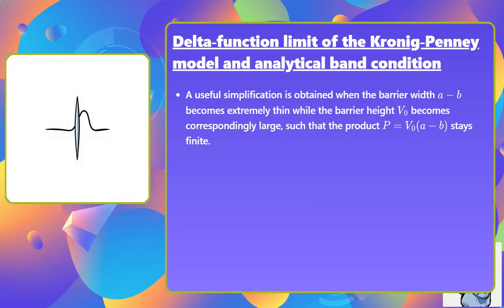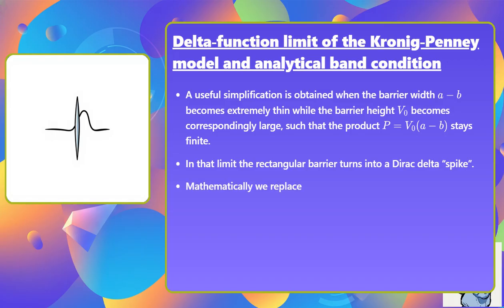A useful simplification is obtained when the barrier width, a − b, becomes extremely thin, while the barrier height V_0 becomes correspondingly large, such that the product P equals V_0 times (a − b) stays finite. In that limit, the rectangular barrier turns into a Dirac delta spike.